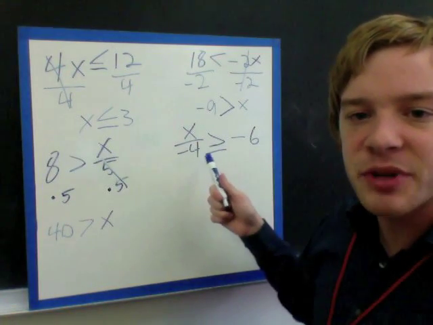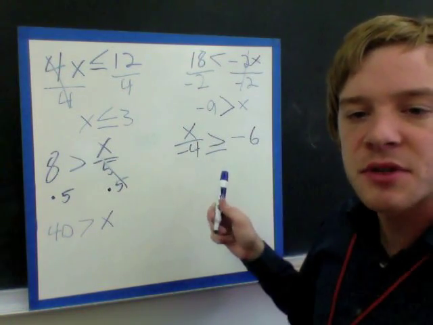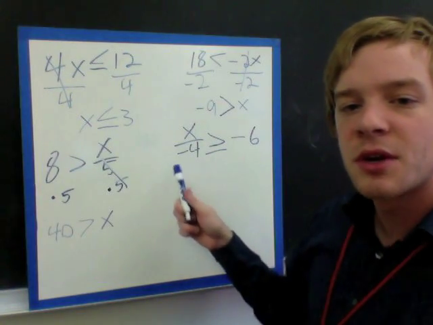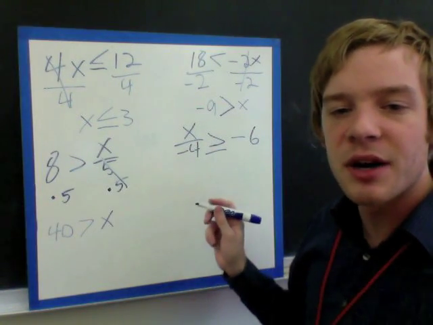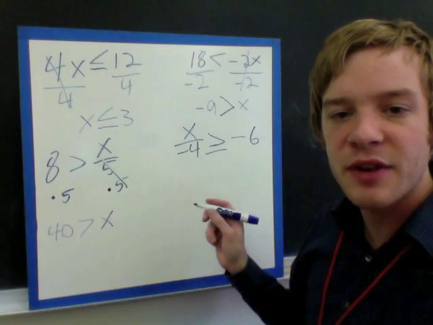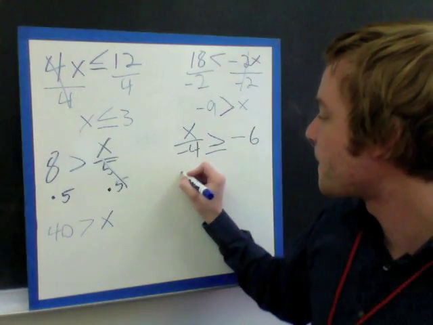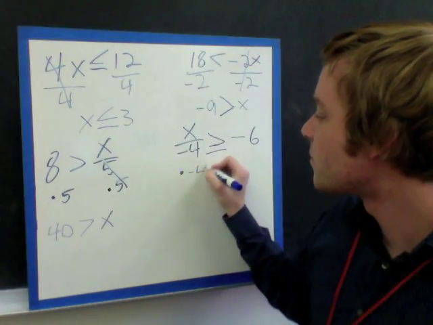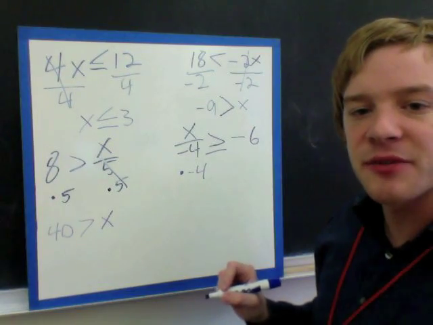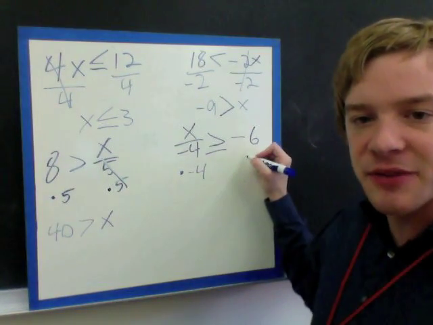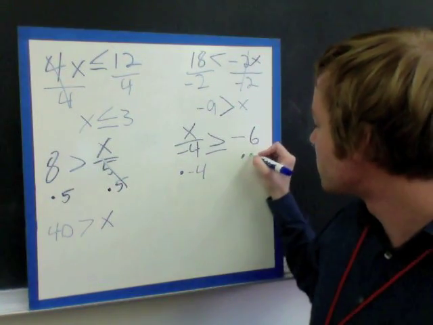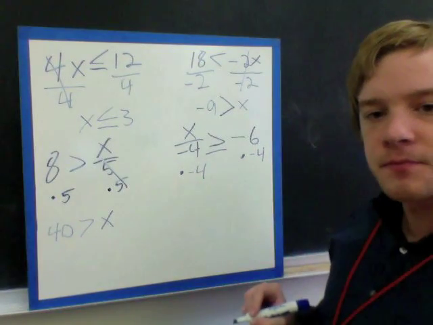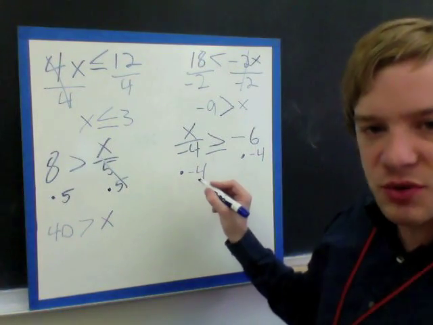My last example here, we see we've got a couple of negatives, so we've got to be extra careful with this. We want to get rid of this negative 4 right here, so we have x by itself. So we multiply by negative 4, but we also need to multiply by negative 4 over here. So these negative 4's will cancel.